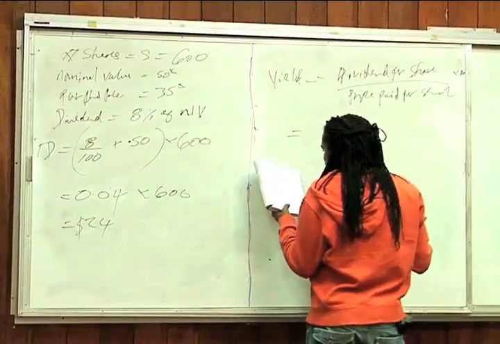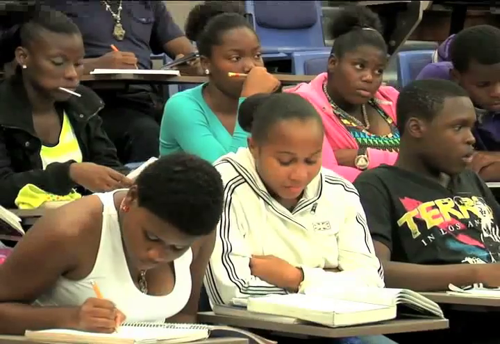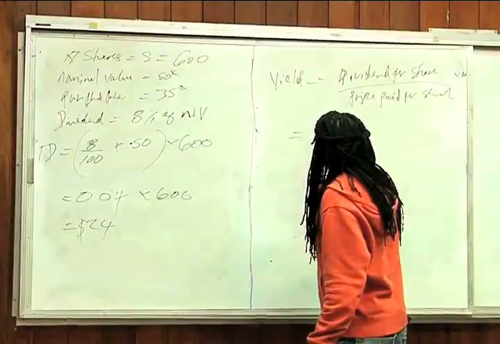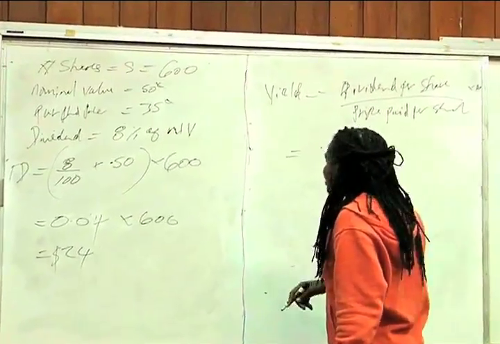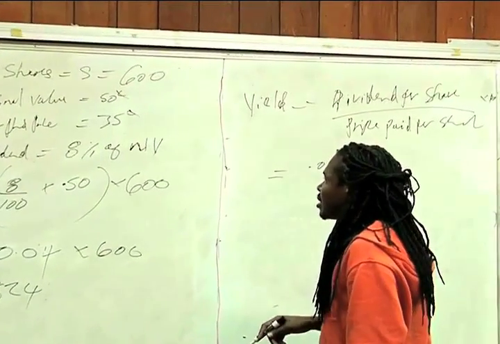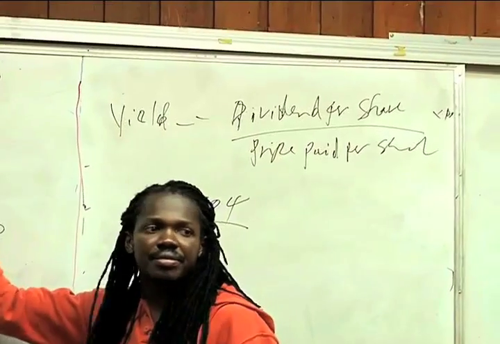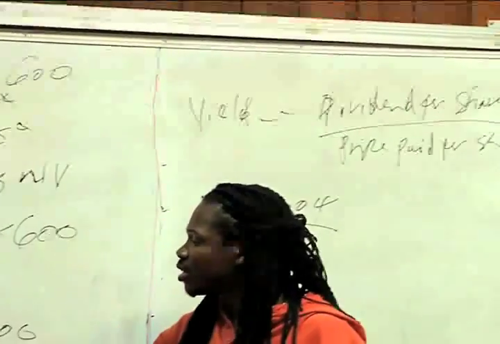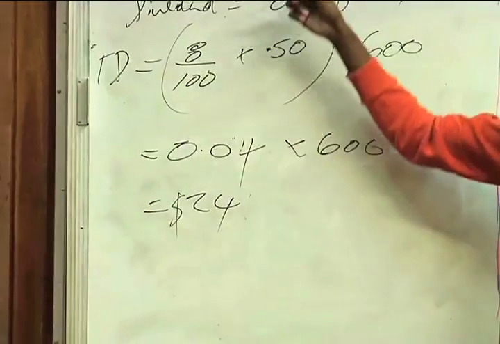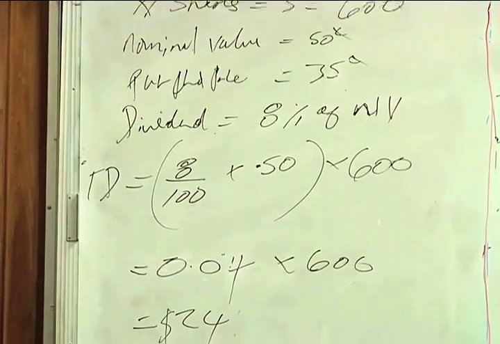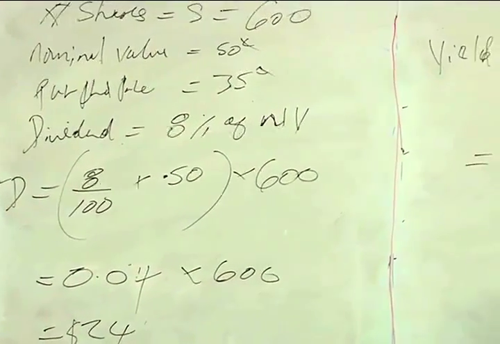So the yield equals, what's the dividend per share? 4 cents. What is the price paid? 35 cents, so 0.35.